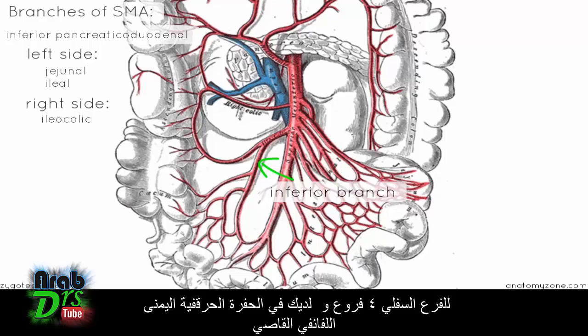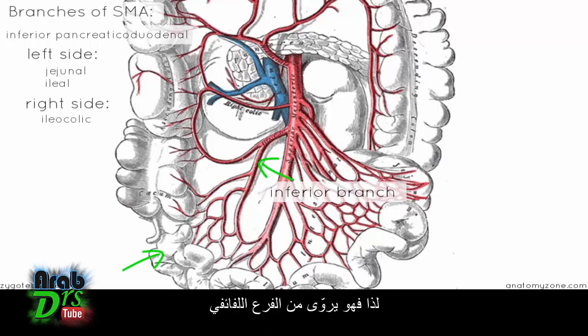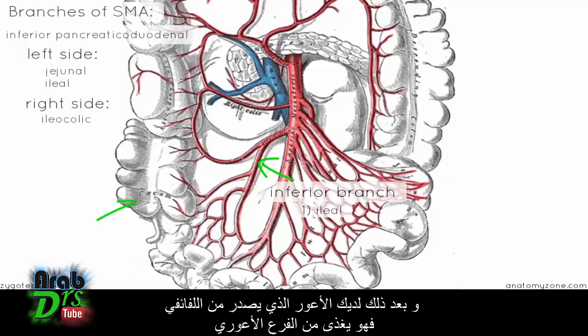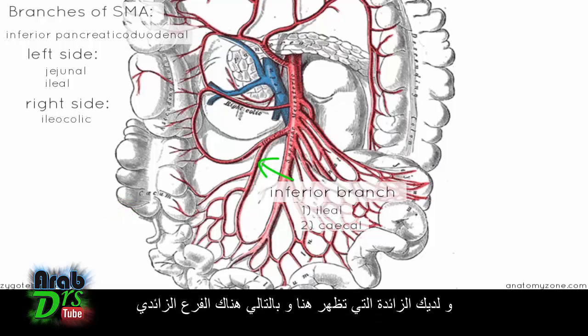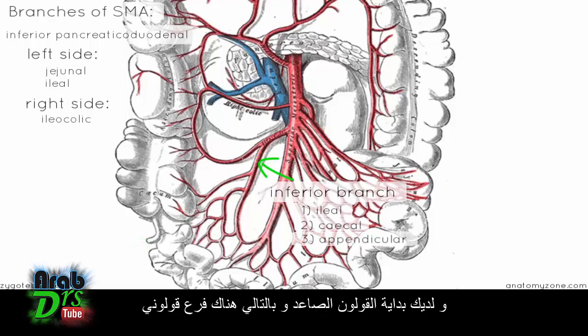You've got the distal ileum, so that's supplied by the ileal branch. You've got the cecum next, which comes after the ileum, so that's supplied by the cecal branch. And you've got the appendix, which comes off here, so you've got the appendicular branch. And you've got the start of the ascending colon, so you've got a colic branch.